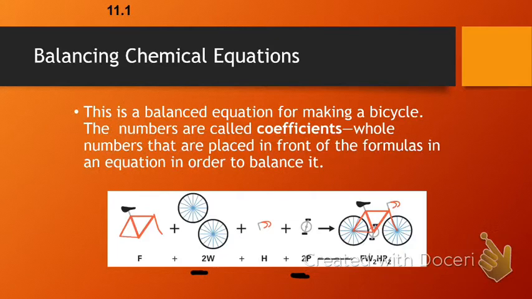They can also be on the product side. We show them as a number. If there is no number there, like a lot of things in chemistry, it's assumed that that number is 1. These are our coefficients, whole numbers that are placed in front of the formulas in an equation in order to balance it.